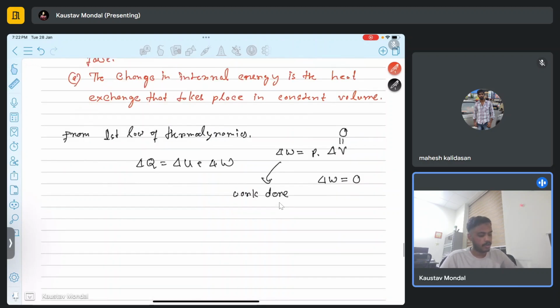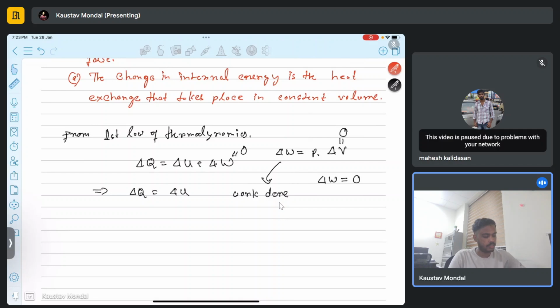So now delta Q is delta U, and this is 0. So the question is, a change in internal energy is the heat exchange that takes place at constant volume.